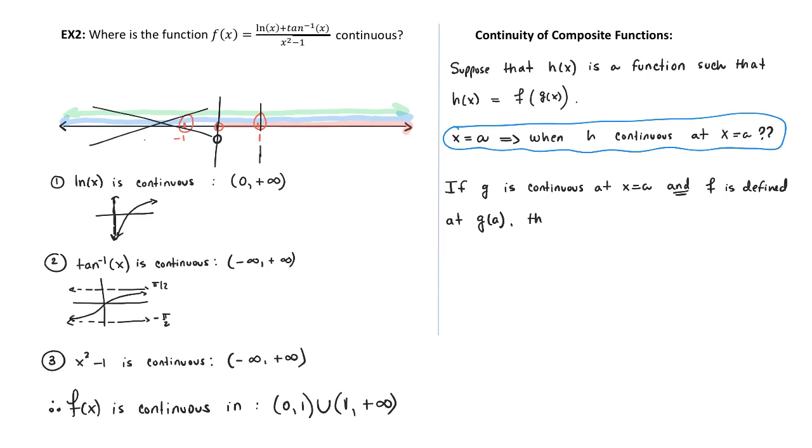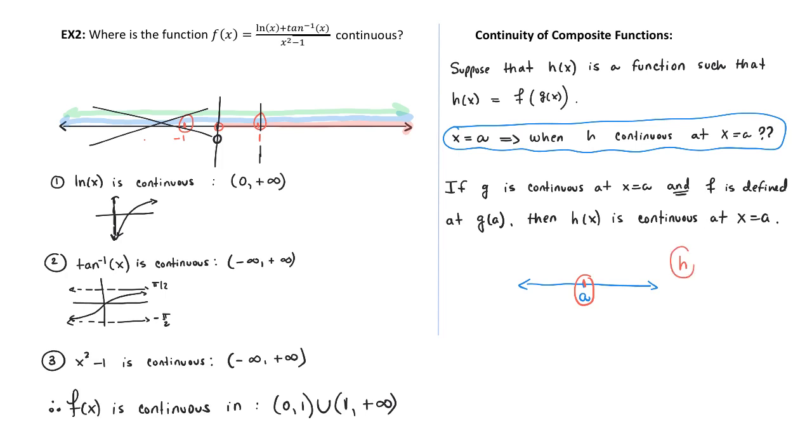then the composite function h of x is continuous at x equals a. Okay. Remember that we have a function h, and we're trying to argue for continuity at a.